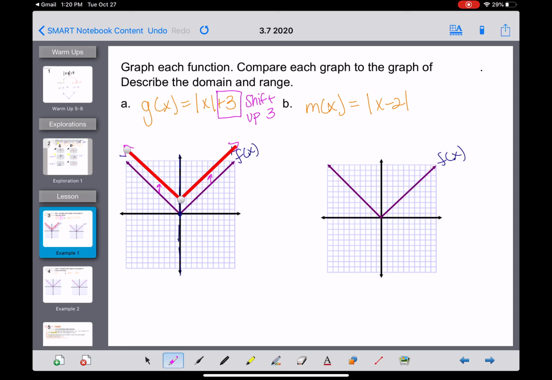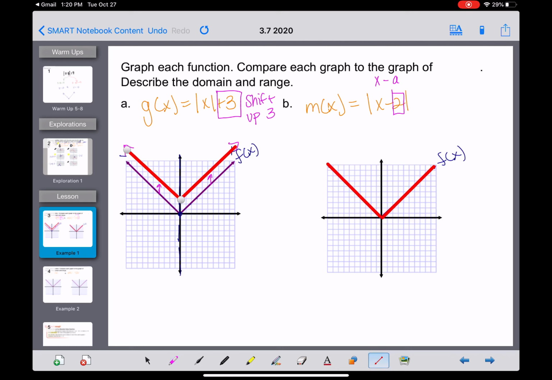When the value is being added or subtracted onto the x, it is a horizontal shift. So remember, just like in lines, it was x minus the value. All right, so since our value is positive 2, since we're subtracting a positive, this is a horizontal shift to the right. So same idea.